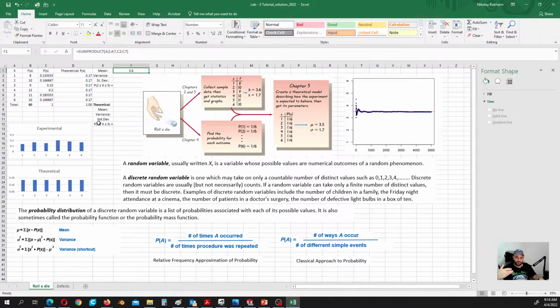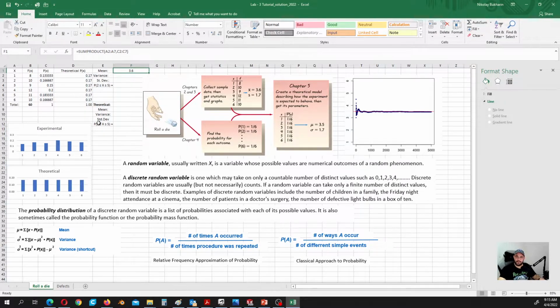We take 1 multiplied by n divided by 6, then we take 2 multiplied by n divided by 6, and so on, and then divided by n. The n cancels out, and again we have the same thing, 1 plus 2 plus 3 plus 4 plus 5 plus 6 divided by 6, which is going to be 3.5 if you calculate it. So this is just the average value of the values which we roll.